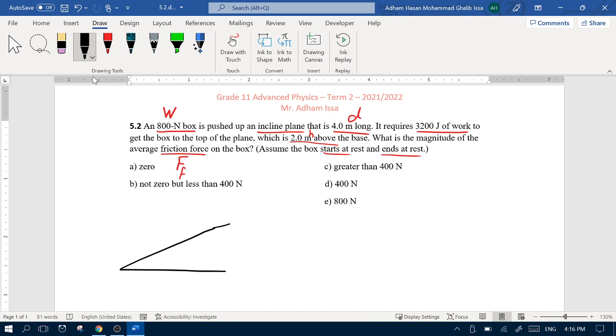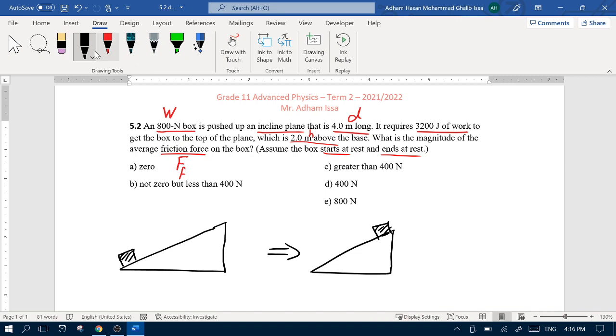Above this incline, we have a box that's being pushed upon the incline. Now this is initially. Finally, what happened? The box reached this point. Okay, so these are the two states that we have, initially and finally. Now the box is here.